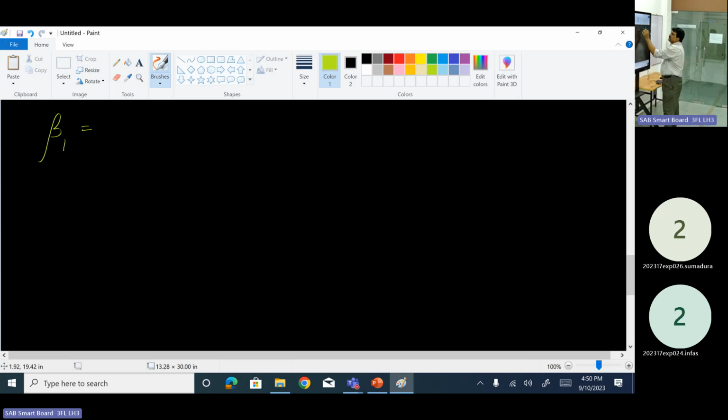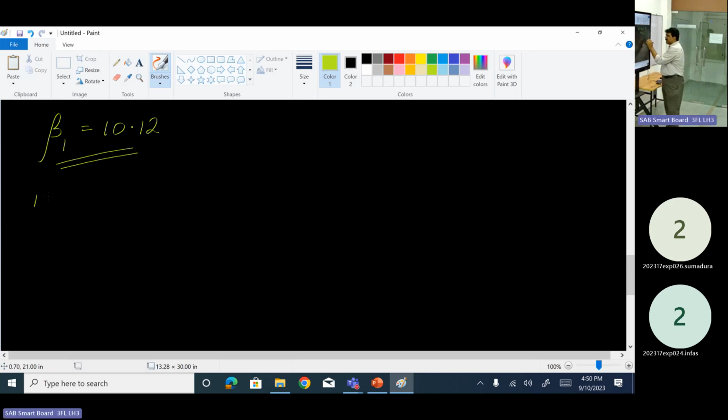Beta 1 is 10.12, right? So now we'll apply the idea. X is number of salesperson, Y is sales. When we increase the number of salesperson by 1 unit, beta 1 is positive, so Y will increase, sales will increase. So sales will increase by 10.12, right?